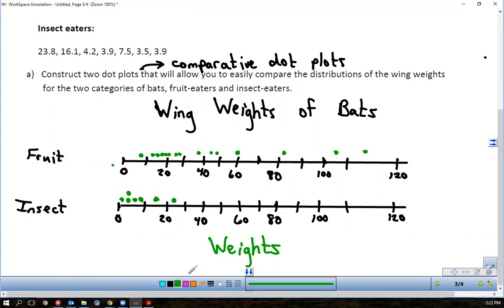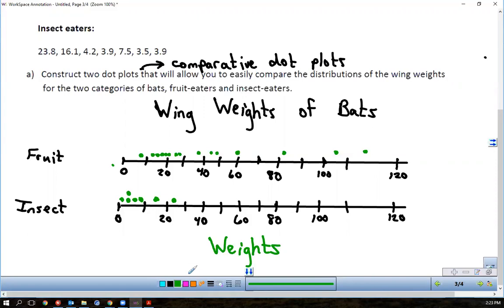They're both concentrated towards the lower end, but specifically, which one is smaller overall? Insect eaters. Insect eaters tend to have very low weights. What about the variability? Which one has more variability? The fruit. That's right. So the fruit eaters tend to have more variability. They're all over the place compared to the insect eaters.